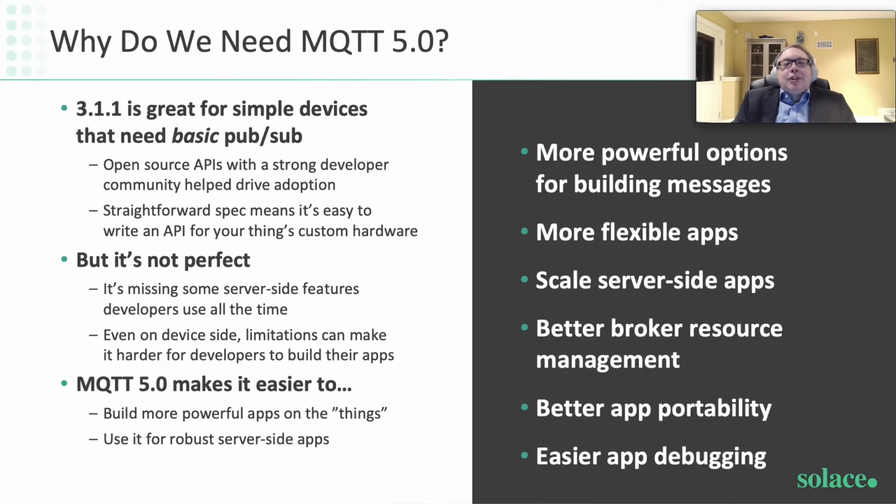Now, as I mentioned on the previous slide, 3.1 really is great for simple devices that need basic PubSub. And as well, the open source APIs had a very strong and vibrant developer community and really helped to drive adoption. And it was a very straightforward spec, really clear spec to implement to. So that meant you could pick up an open source API if you're building an app running on a standard server or a standard processor.